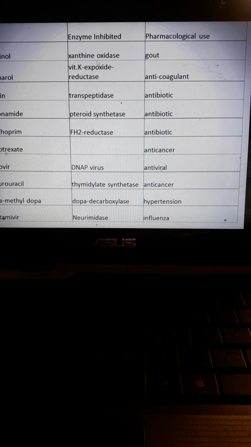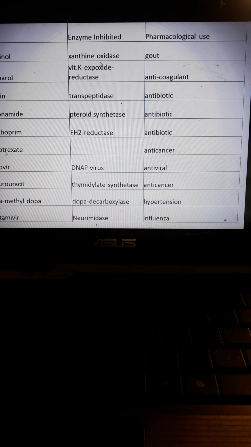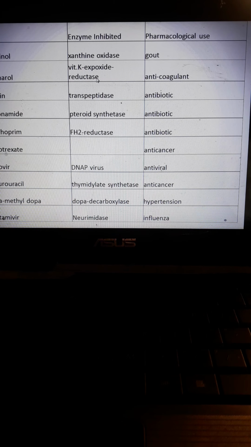We have allopurinol, a xanthine oxidase inhibitor, which inhibits this enzyme because it is the cause of gout. Dicoumarol, an anticoagulant, inhibits vitamin K epoxide reductase. Penicillin is a transpeptidase inhibitor. Sulfonamides inhibit the enzyme in folic acid synthesis, needed for DNA synthesis; they are antibiotics. Methotrexate inhibits dihydrofolate reductase and is an anti-cancer drug.